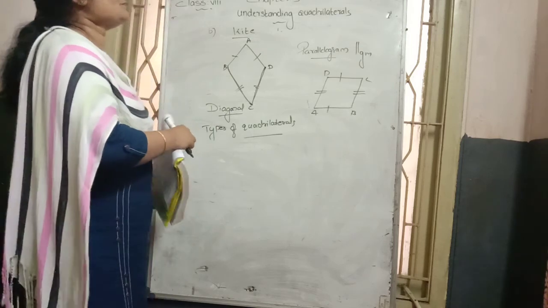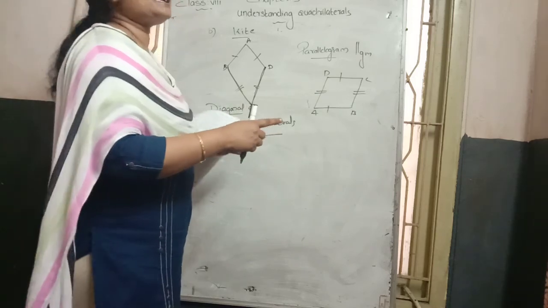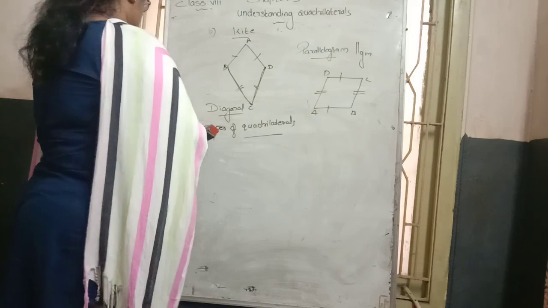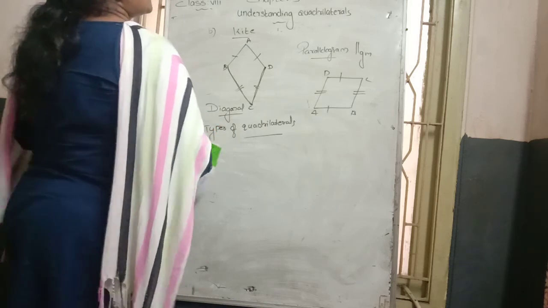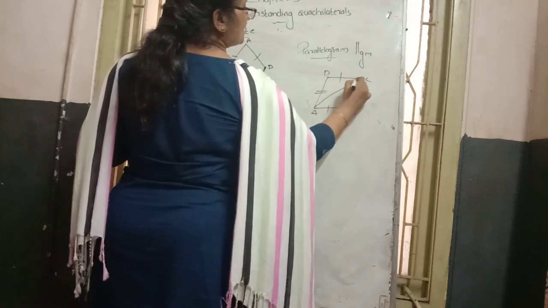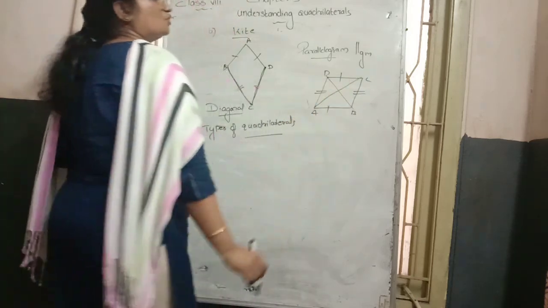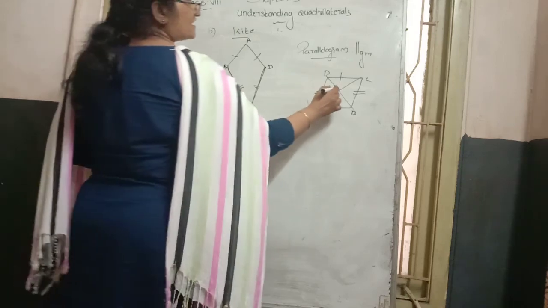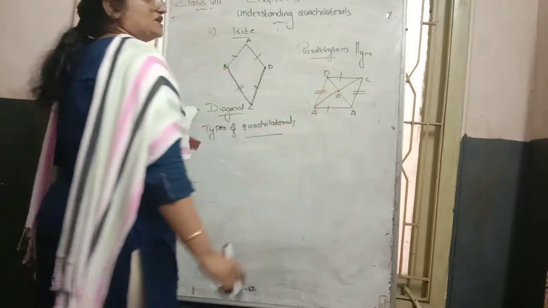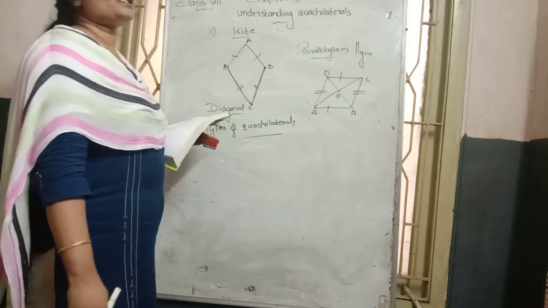The properties of a parallelogram: it has opposite sides equal, and the diagonals bisect each other. The diagonals of the parallelogram are AC and BD. They intersect at a point, the intersecting diagonals bisect each other.